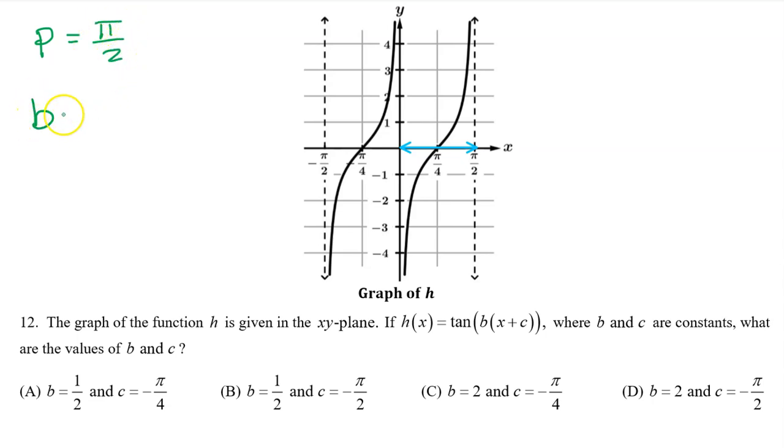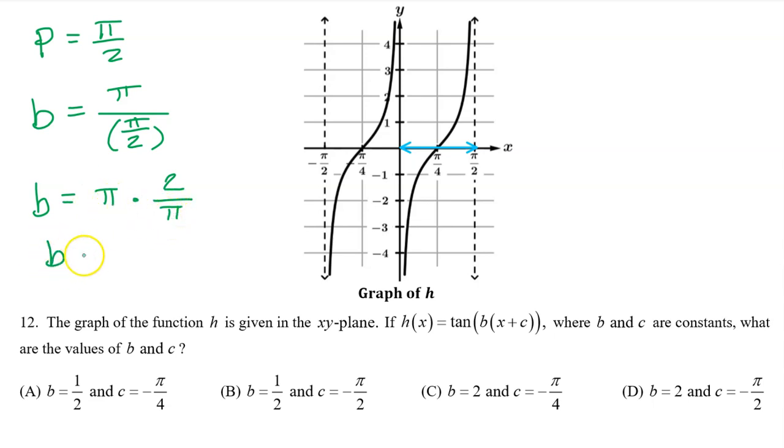Now the b value is given by pi divided by the period for a tangent function. So that's pi divided by pi over 2. When you divide by a fraction, you multiply by the reciprocal. So b is equal to pi times 2 over pi. The pi's cancel out because we have one low and one high, leaving b is equal to 2.